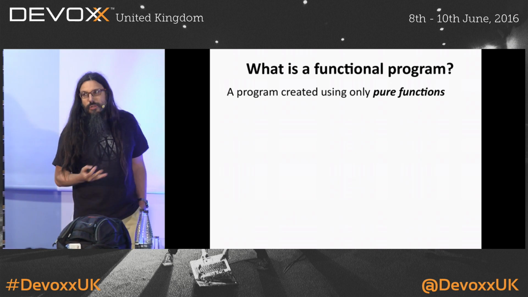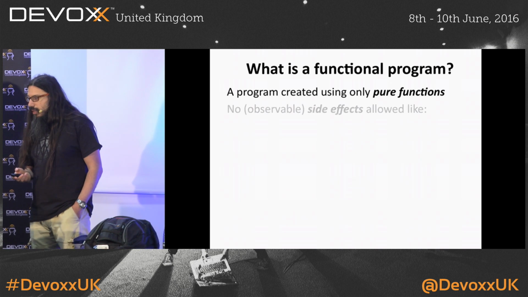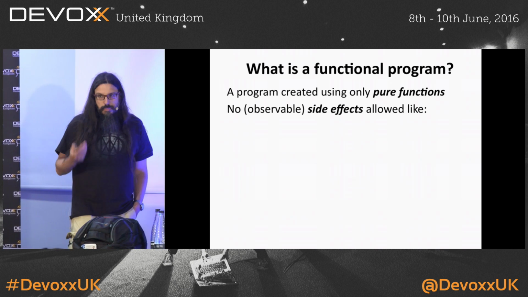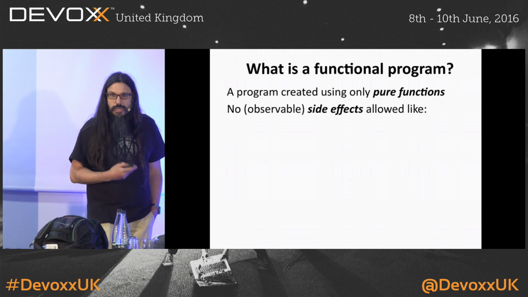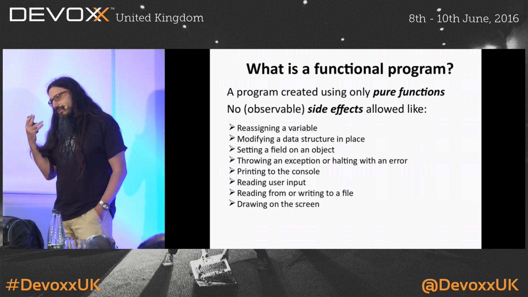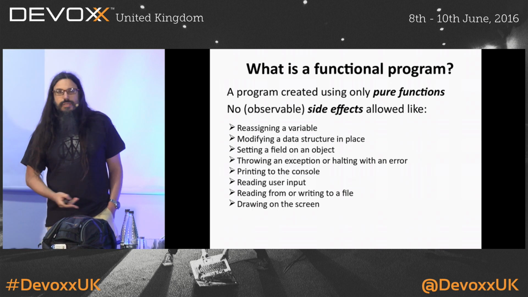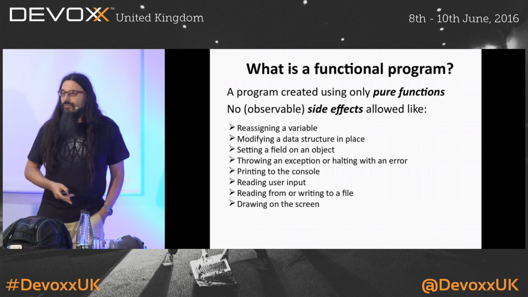A pure functional program is, of course, a program made only of pure functions, meaning that these functions have no side effects, meaning that in theory, your program isn't allowed to do all of this stuff.